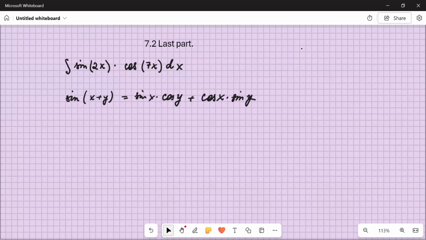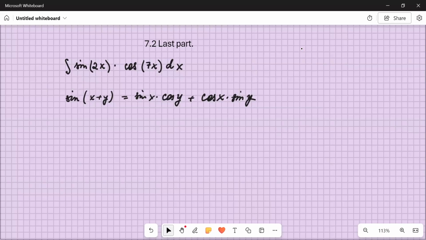We learned this in trigonometry. That's the sine of a sum of two angles. And we use this formula to find the sine of a double angle. If we have 2x instead of x plus y, we're going to have sine, cosine, and another sine, cosine.